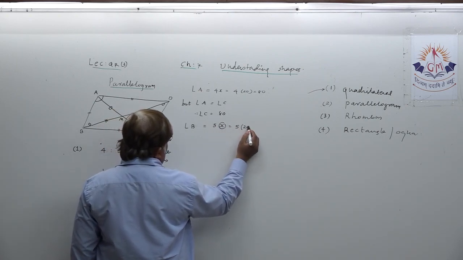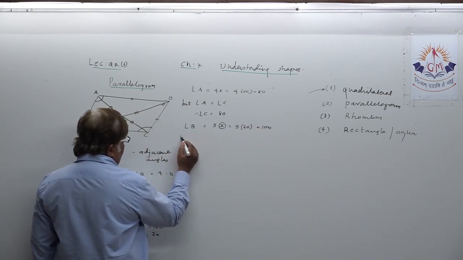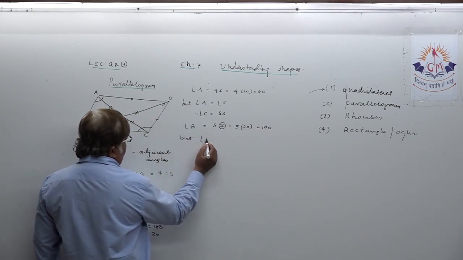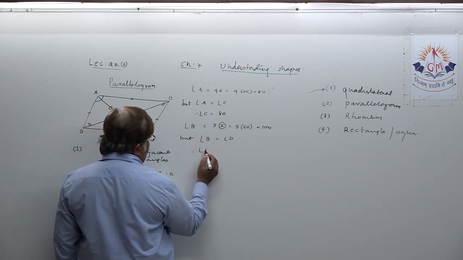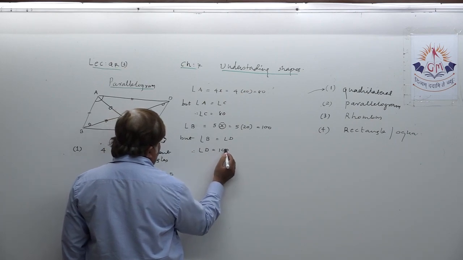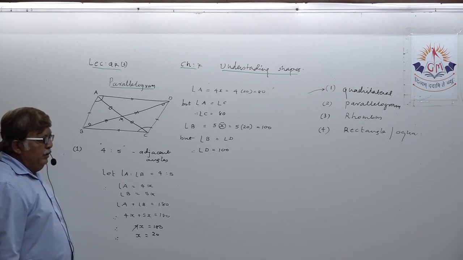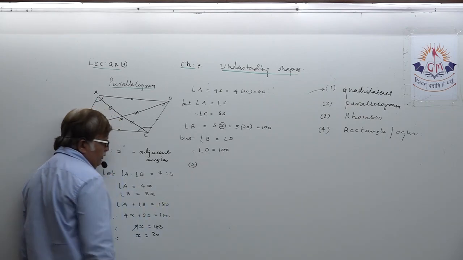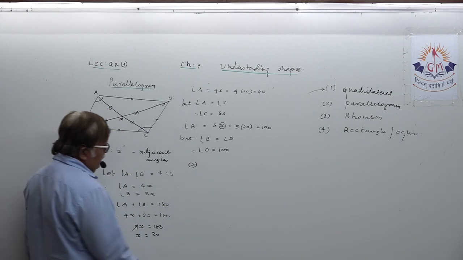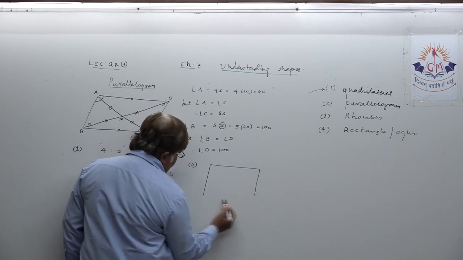Substitute the value of x. 5 into 20 is 100. You know B, but you also know one property that opposite angles are equal. So B is 100, D is also 100. All four angles we got in the parallelogram. Okay, suppose one another example is given to you, that in a parallelogram, suppose this is a parallelogram.